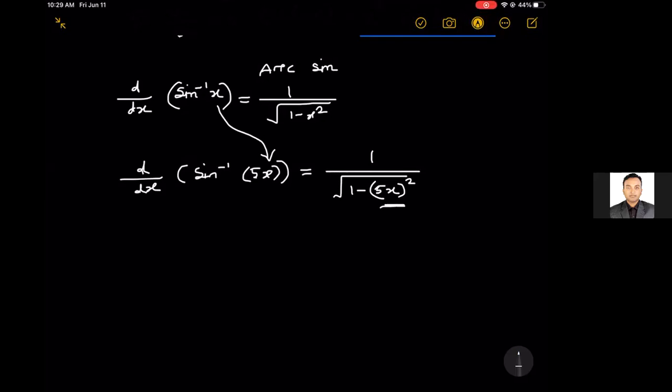Is there anything we should do to complete this solution? Do we need to rationalize it? Not really. What else can we do? Or do you think it's done?